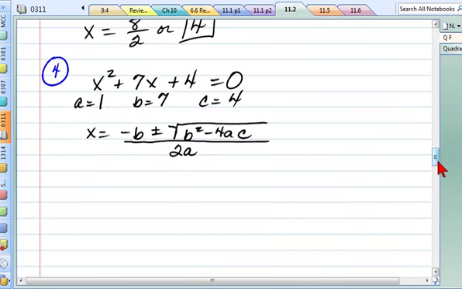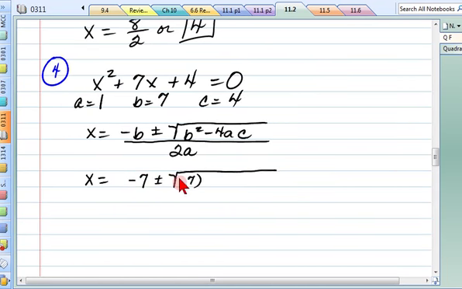Keep in mind that this formula is on your blue sheet, so you should be able to grab it anytime you need to use it. X is equal to, the opposite of b will be negative 7 plus or minus the square root of 7 squared minus 4 times 1 times 4 all over 2 times 1.